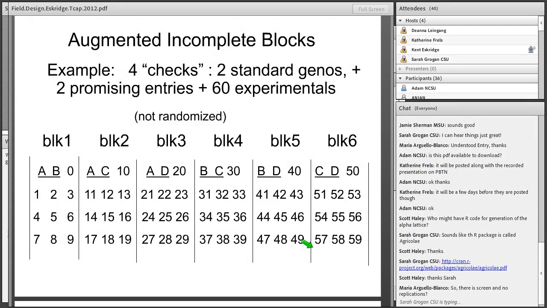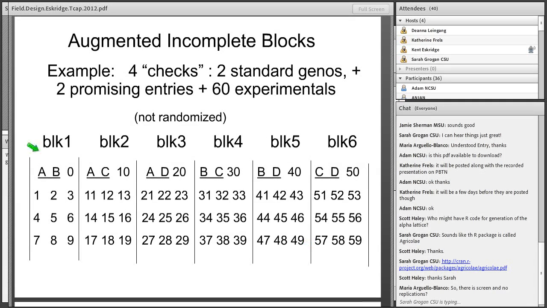We can do this also, we could use an augmented incomplete block design. Instead of having complete blocks, we could put the checks as an incomplete block design. Remember the first balanced incomplete block design we talked about looked like this. So we could say I've got 4 checks, I'm going to put those in blocks of 2. I could use these as the repeated checks and then augment with more entries.